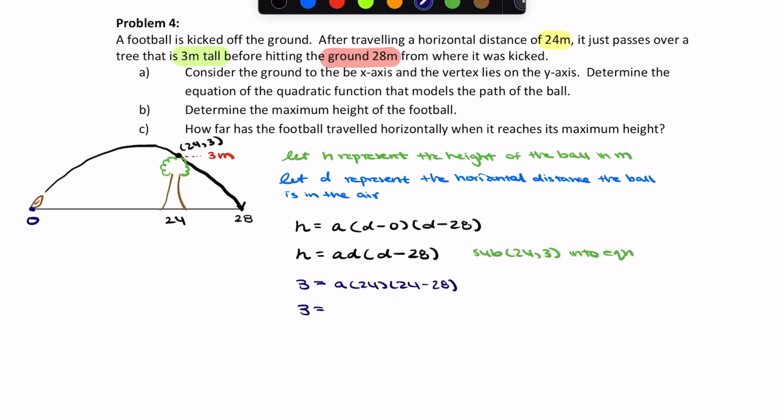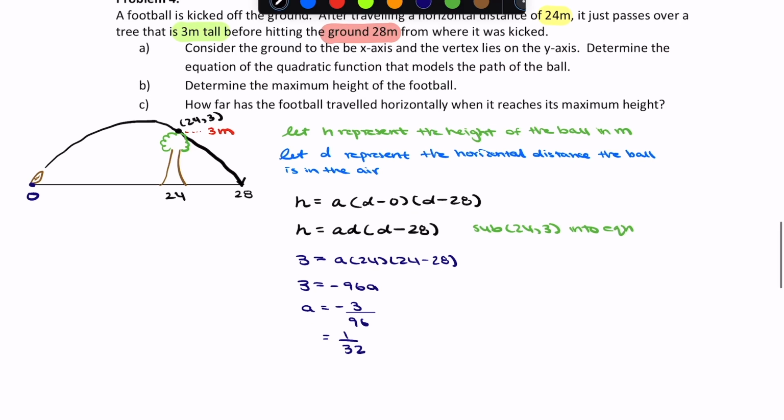So here we get 3 is equal to negative 96a, and a is equal to negative 3 over 96, which is equal to negative 1 over 32. So here we get our equation. So that's part A. So here our equation is h is equal to negative 1 over 32 d times d minus 28.